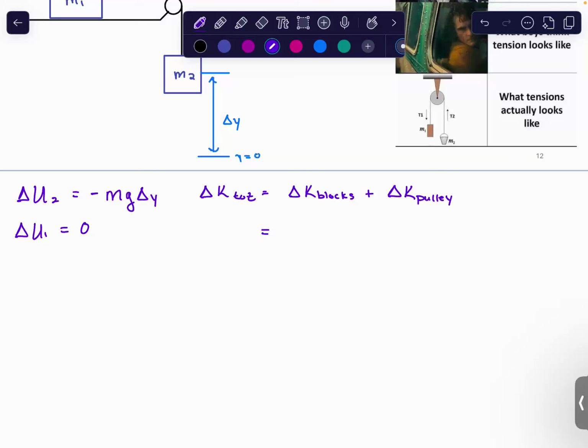Okay, so that's going to be K final for mass 1 minus K initial for mass 1, plus K final for mass 2 minus K initial for mass 2, and then delta K of the pulley. We know all of our initials.